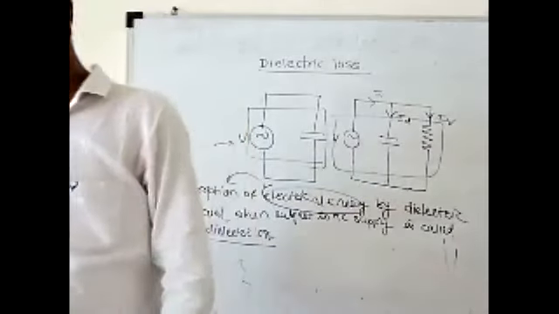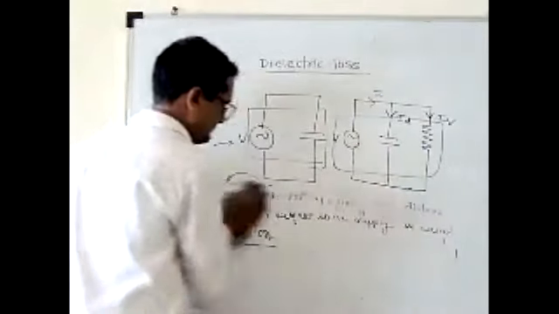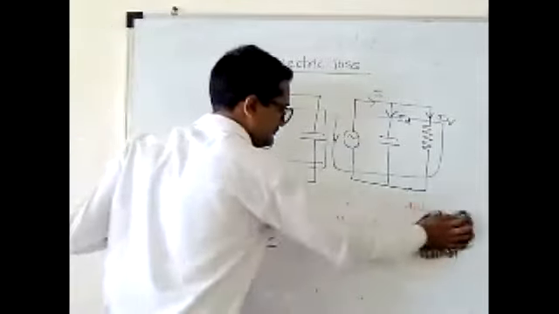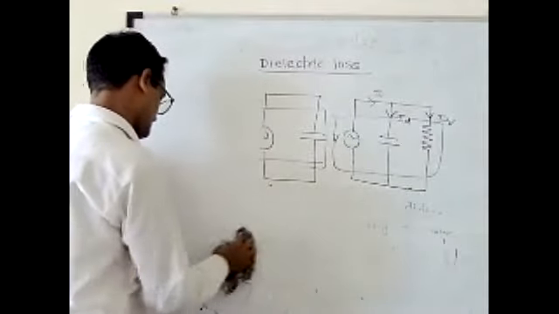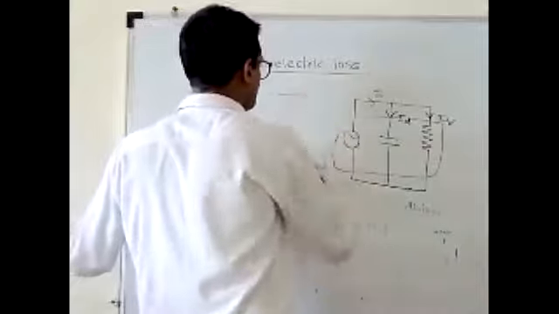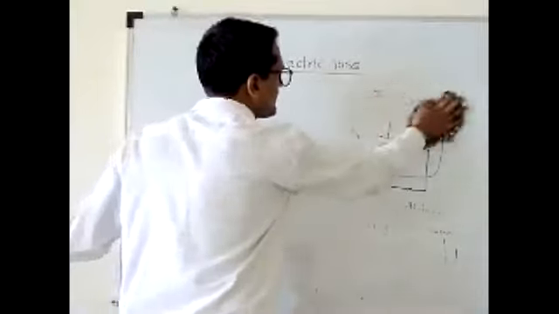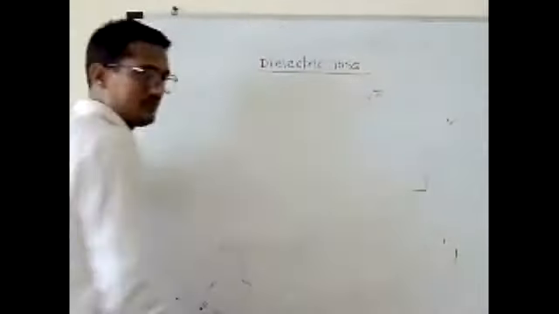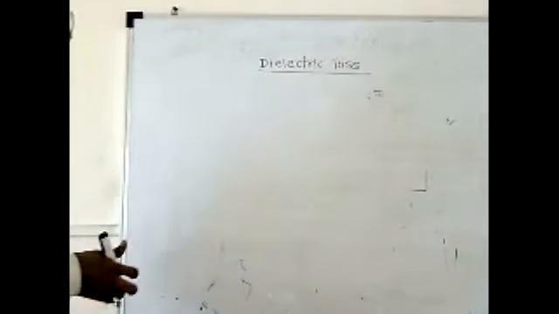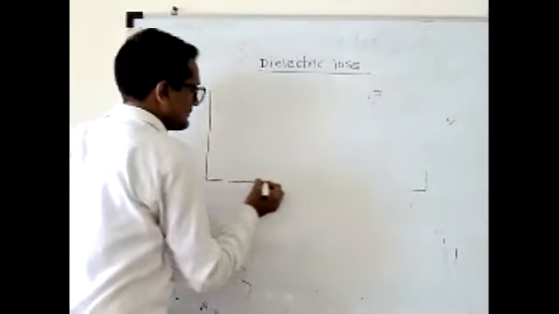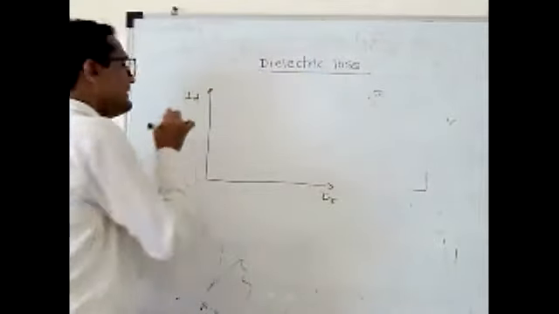Now we draw here a phasor diagram. The phasor diagram is ID versus IR. This is our IR and this is ID.